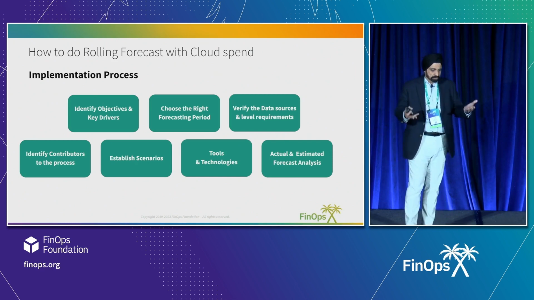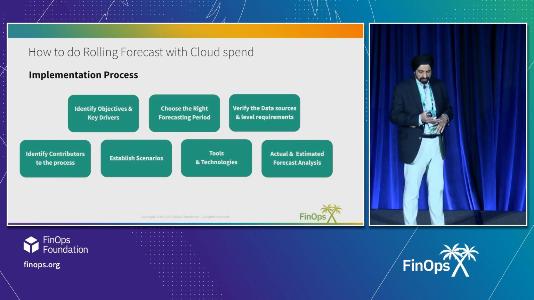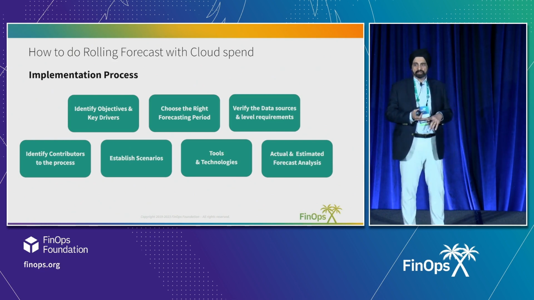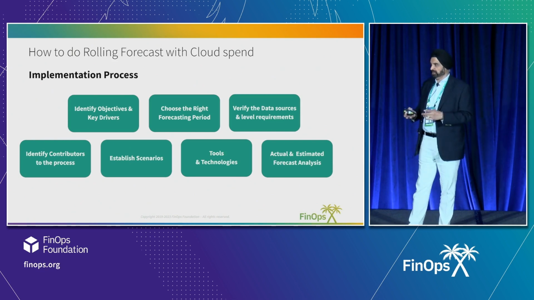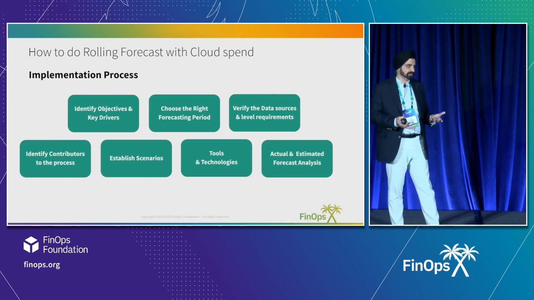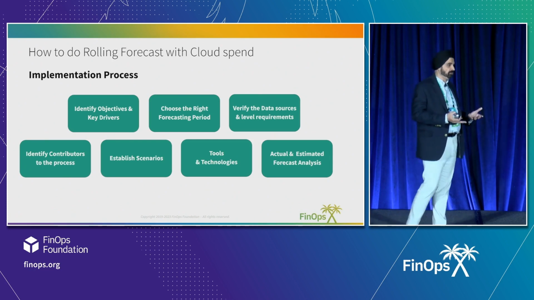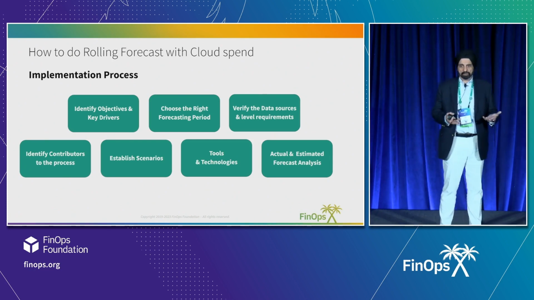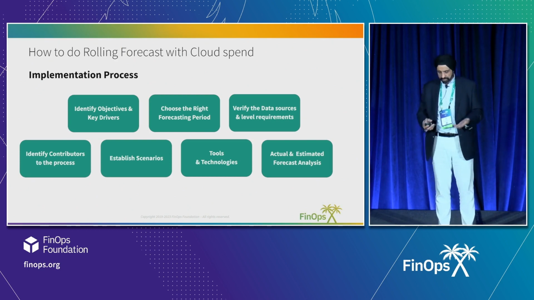That's the goal for this particular exercise. And then the key thing is that just implementing a rolling forecast is not good enough, right? Because you have to read the output of that particular forecast. You have to understand your variances, which is the key, right? What is making your cost go up or go down, positive, negative, either way, okay?